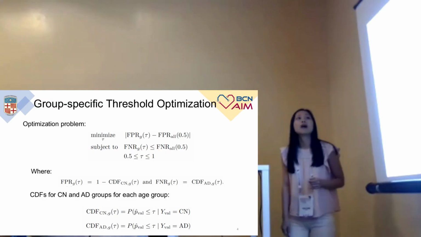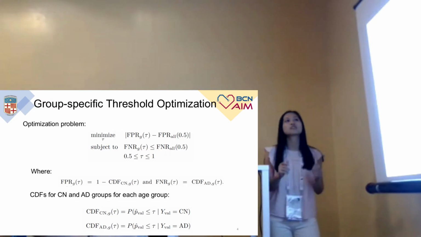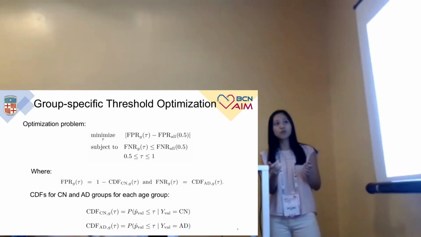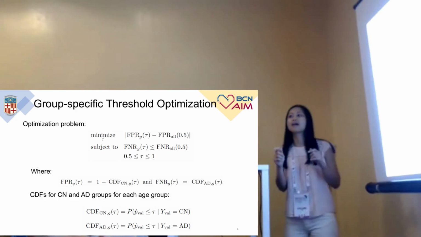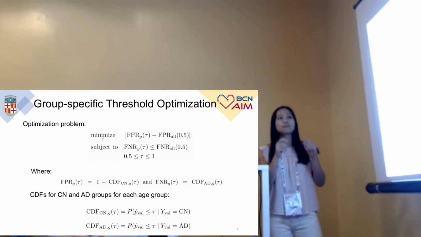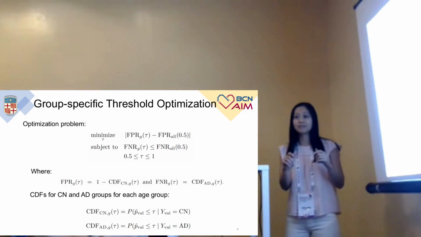Our goal is to optimize the threshold for the older age group to minimize their false positive rate, while keeping their false negative rate as low as possible.